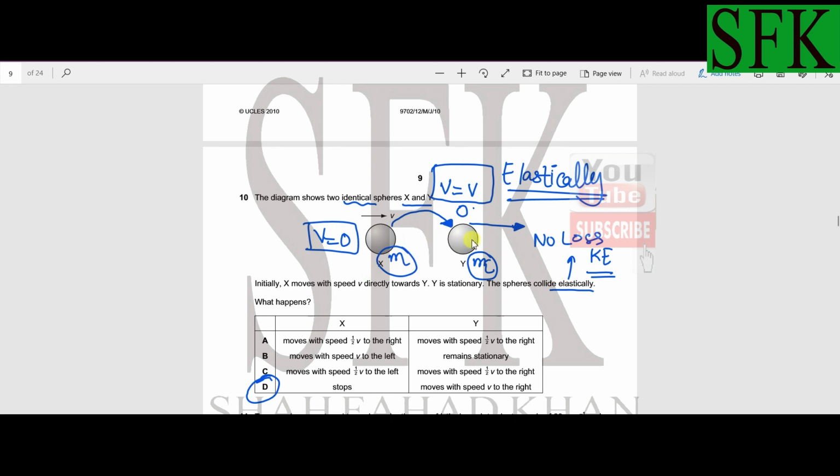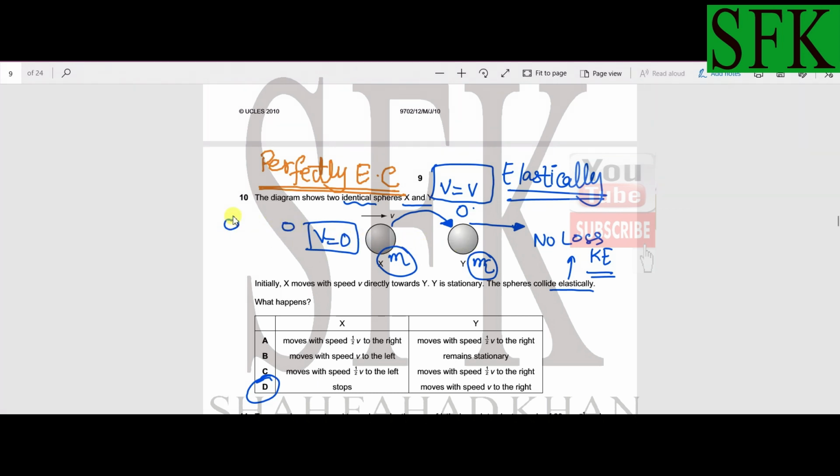But since their masses are equal, perfectly elastic collision takes place, and in such circumstances, the velocity interchanges.